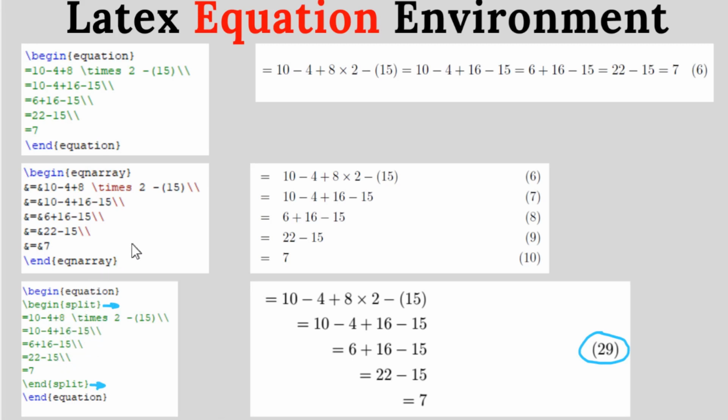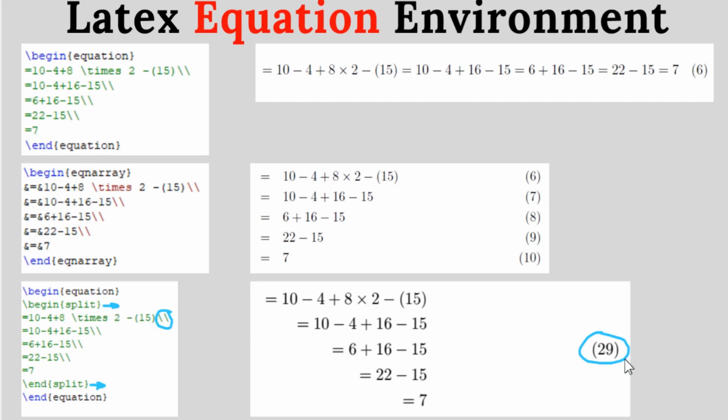The only thing is that now the environment will not ignore this double backslash, and it will go to the next line just like the eqnarray environment, and also it will not put a number on each line, unlike the eqnarray environment. So this is the way you can achieve this kind of functionality, by putting the split environment inside the equation environment.